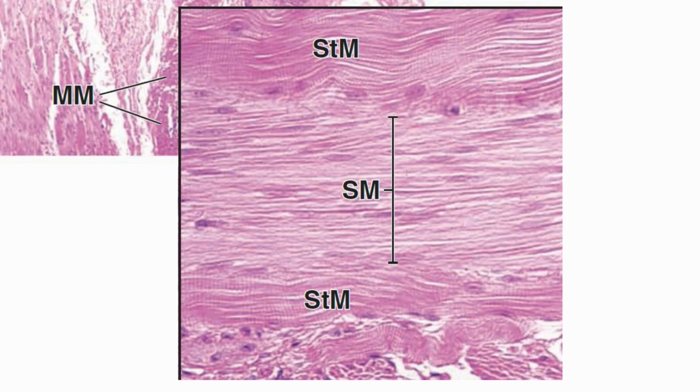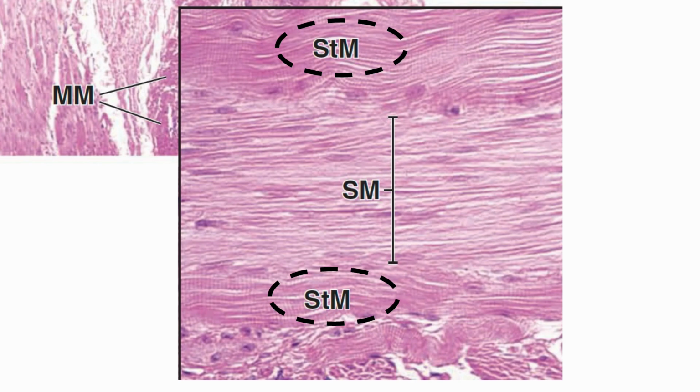The striated muscle stains more intensely with the eosin, but of greater significance are the distribution and number of nuclei. In the center of the inset, that's over here, numerous elongated and uniformly oriented nuclei are present. This is smooth muscle.